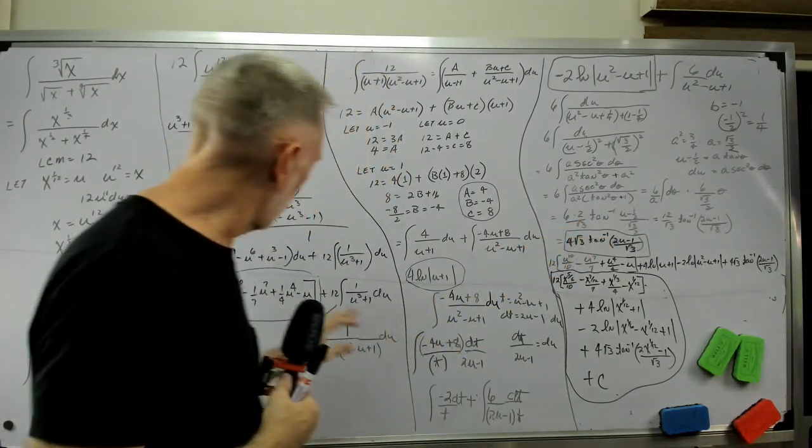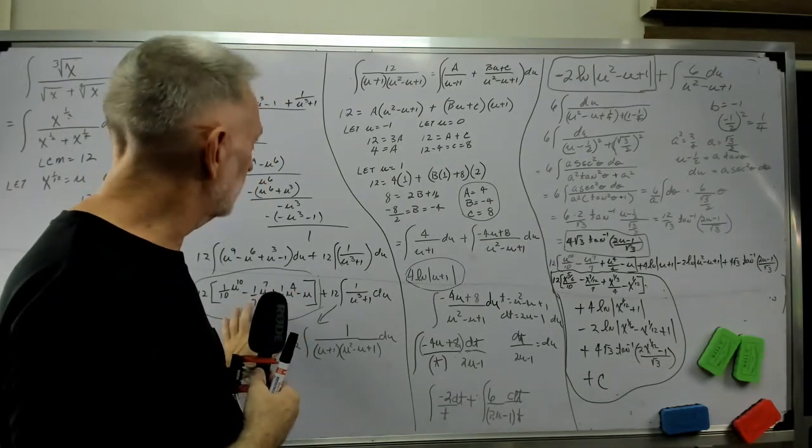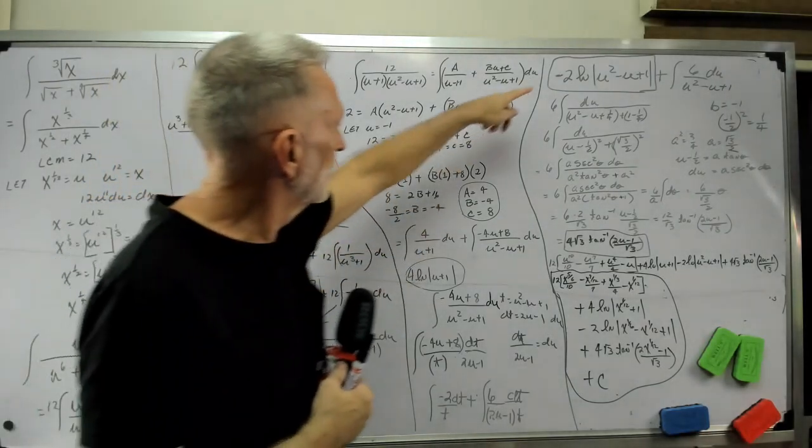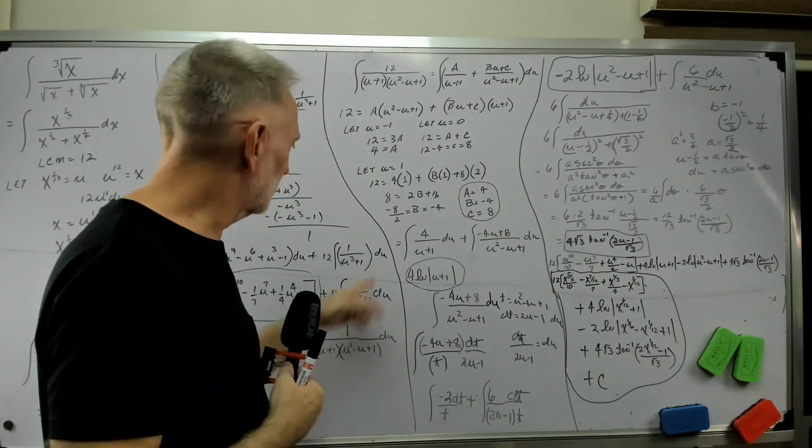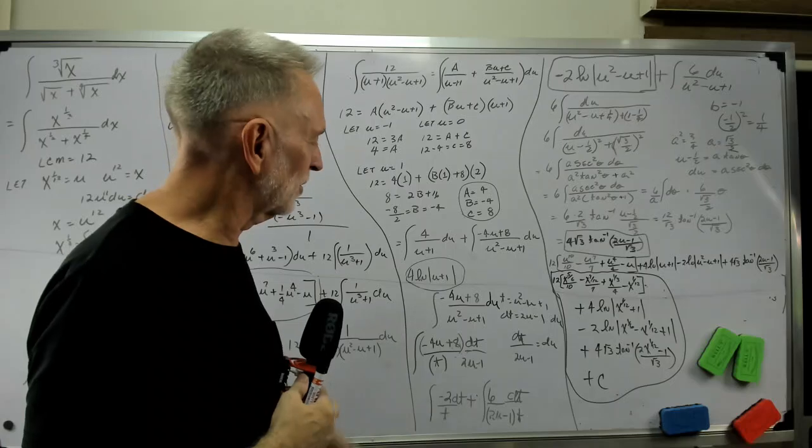So I have 4 pieces here. This one, that one, this one, and this one. They're all added, subtracted, whatever their signs are, together.